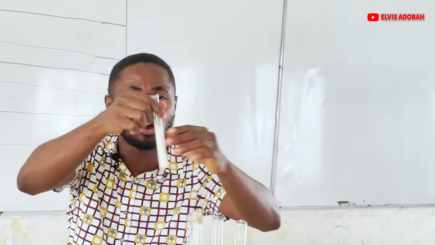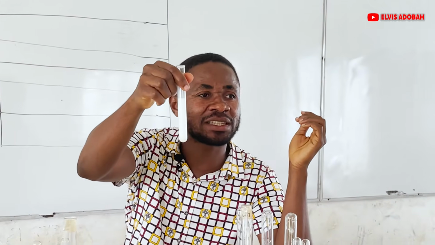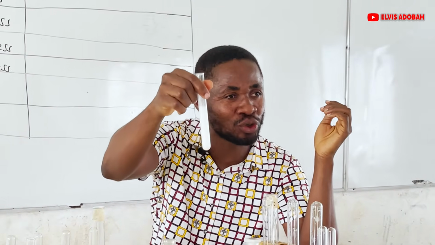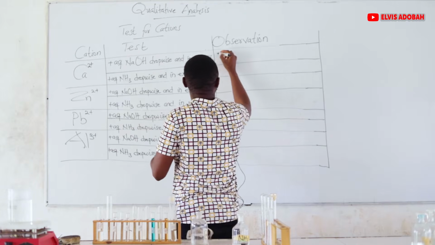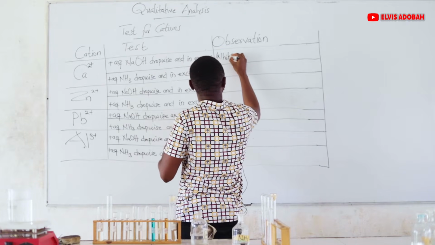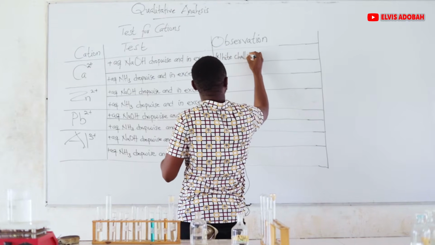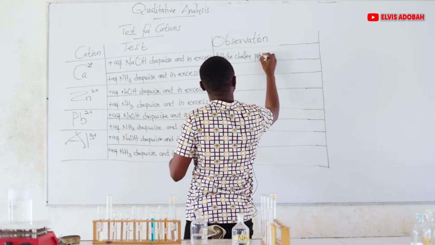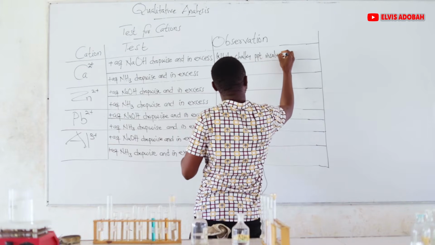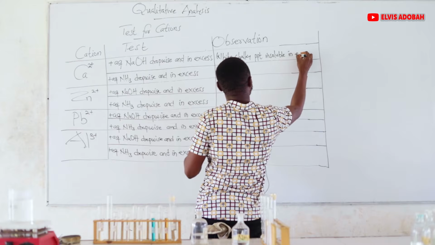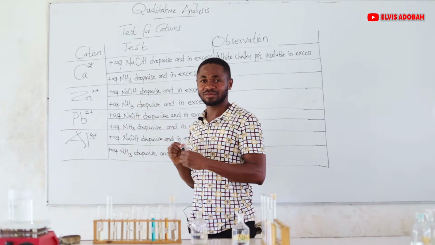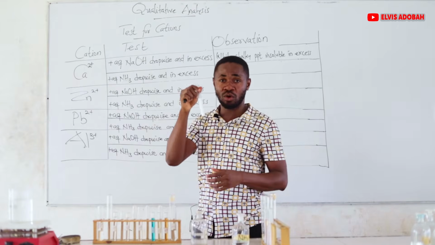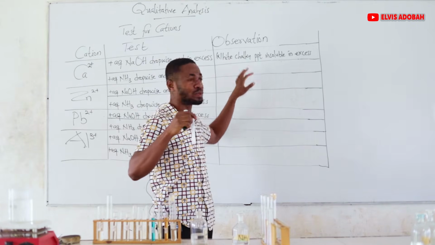Even after adding excess sodium hydroxide, my precipitate is insoluble. So how do I write this result? White, chalky precipitate, insoluble in excess. That is how I record my observation.